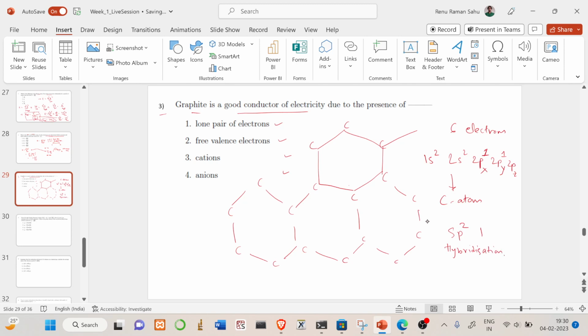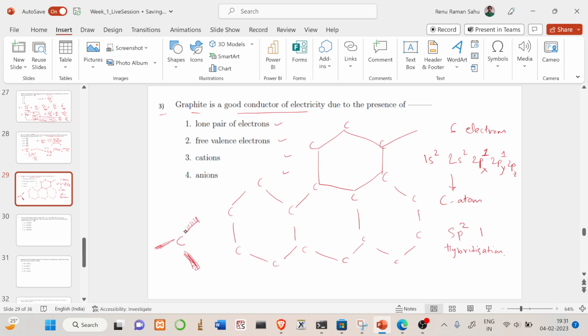So in sp2 hybridization, what happens? For each carbon atom, in the plane of the board, this is a 3D diagram, you just try to imagine. This is coming out of the board, and this is going into the board.